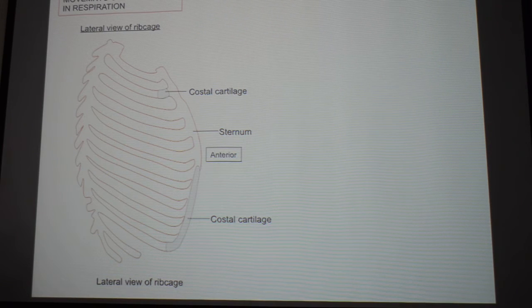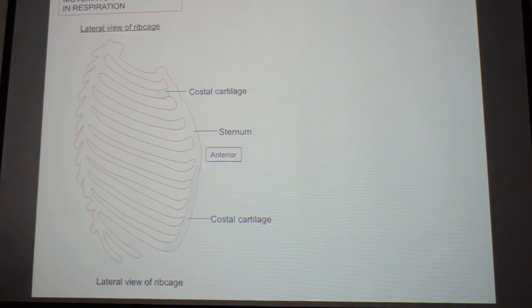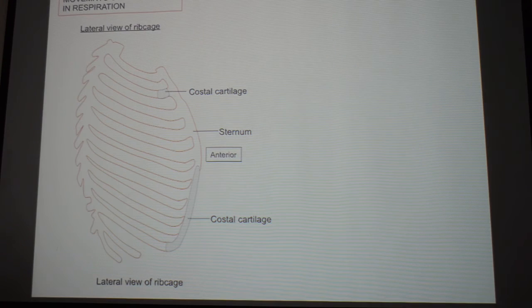So now we'll proceed with the movements, anatomy of the breathing, the rib cage, how we have different movements occurring at different levels, and these are helping us. In respiratory movements, you are looking at a lateral view of a rib cage.